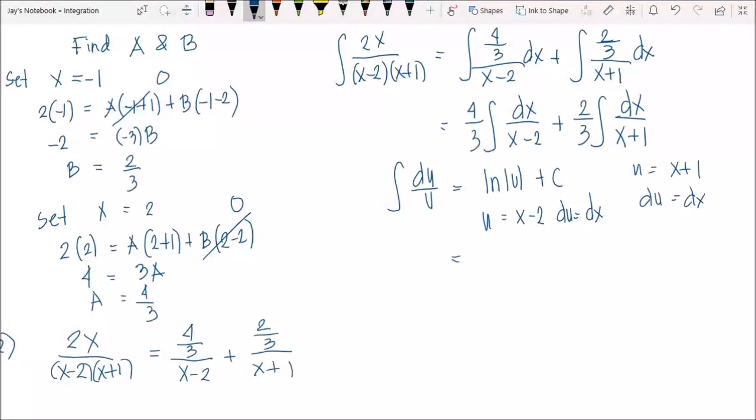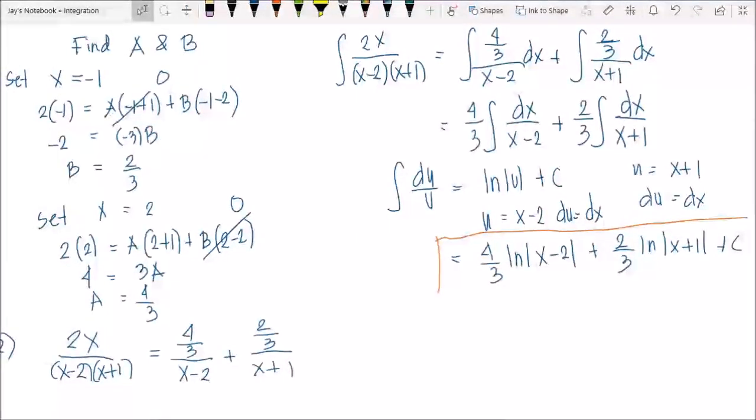So we can have our integration, which is equal to 4/3 times the natural logarithm of x minus 2 plus 2/3 times the natural logarithm of x plus 1 plus c. Okay, so that is the integration of 2x over x squared minus x minus 2 dx.